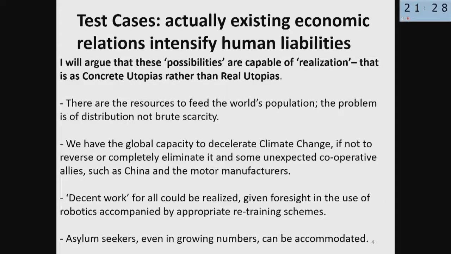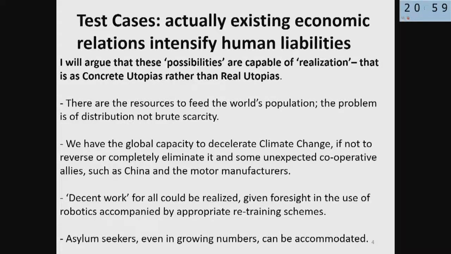Third, decent work, a term increasingly used by the ILO and the United Nations. Decent work for all could be realized, given some foresight and given the use of robotics creatively, accompanied by appropriate retraining schemes.